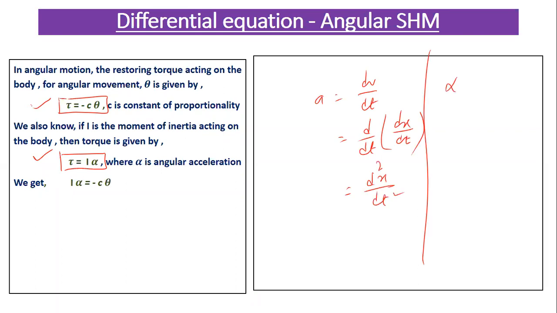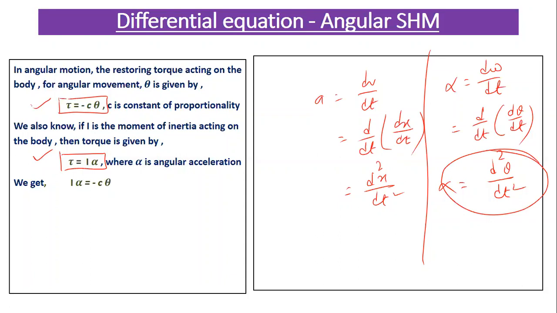In a similar manner, alpha is equal to d omega by dt, then d by dt as it is, and omega is d theta by dt. Now what we get is d square theta by dt square as alpha.